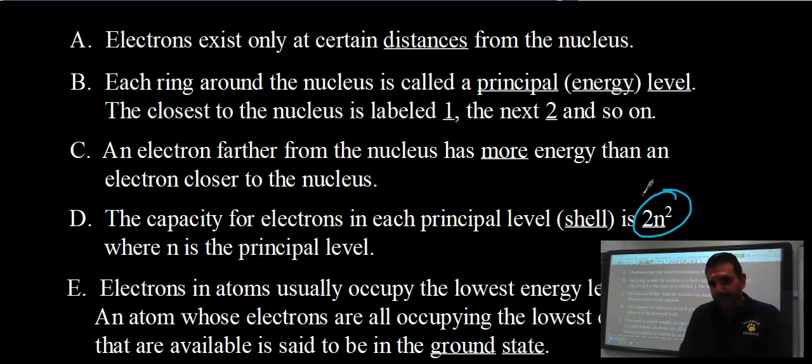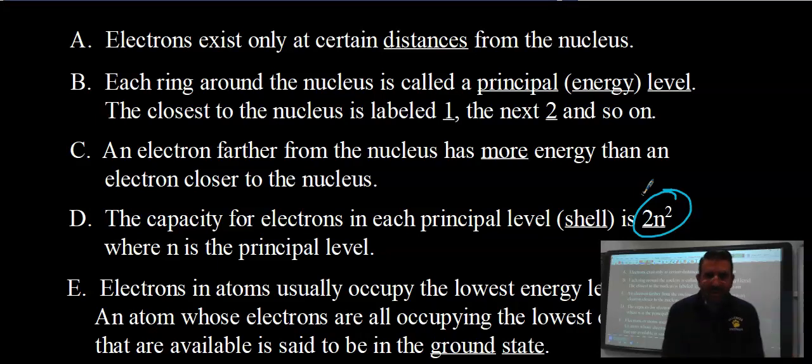Well, for the first energy level, n is 1, so make sure you do PEMDAS here, exponent first. 1 squared is 1, times 2. The first energy level can hold a maximum of 2 electrons. The second energy level can hold a maximum of how many electrons? N is 2, 2 squared is 4, times 2, 8 electrons. The third energy level can hold a maximum of how many electrons? That would be 18, okay?